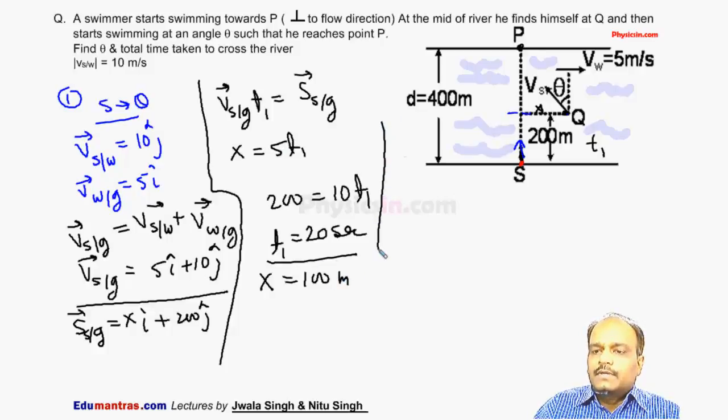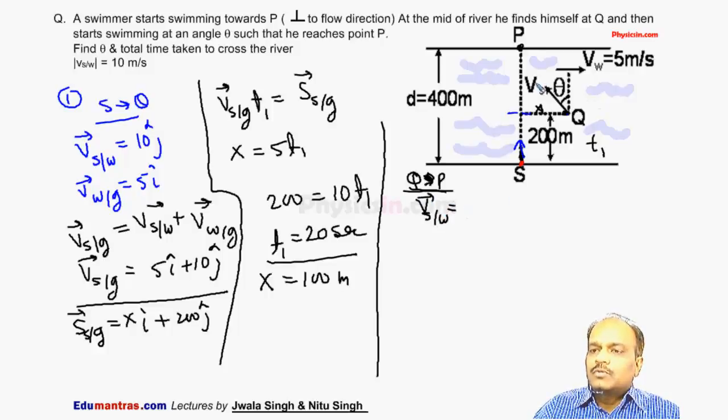Now in the second part, the swimmer finds himself at Q, and let him start swimming at an angle theta with the same speed. So for Q to P, the velocity of the swimmer with respect to water has speed 10, and this angle is theta. So the horizontal component is negative. So it is minus 10 sin theta i cap plus 10 cos theta j cap.